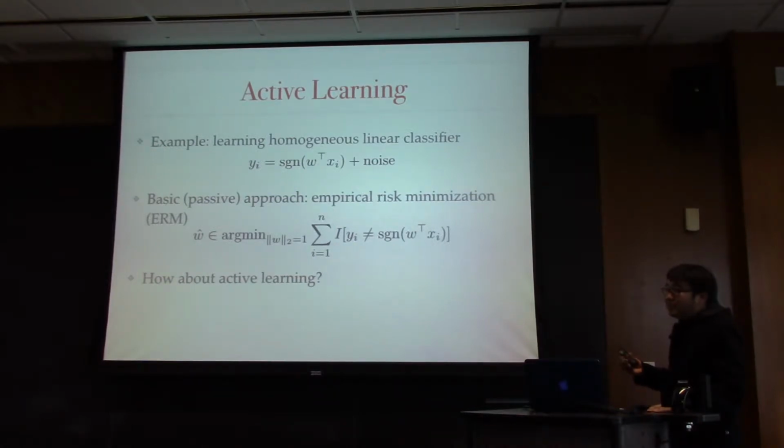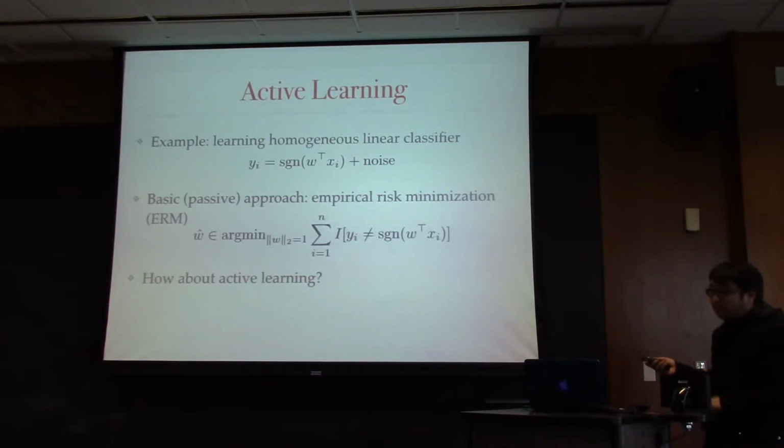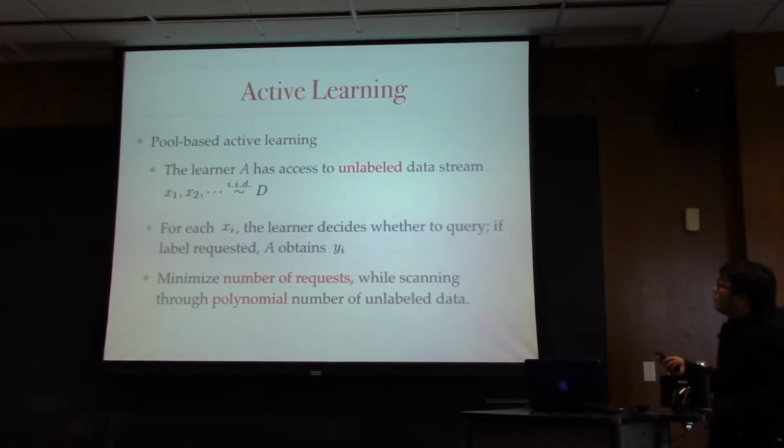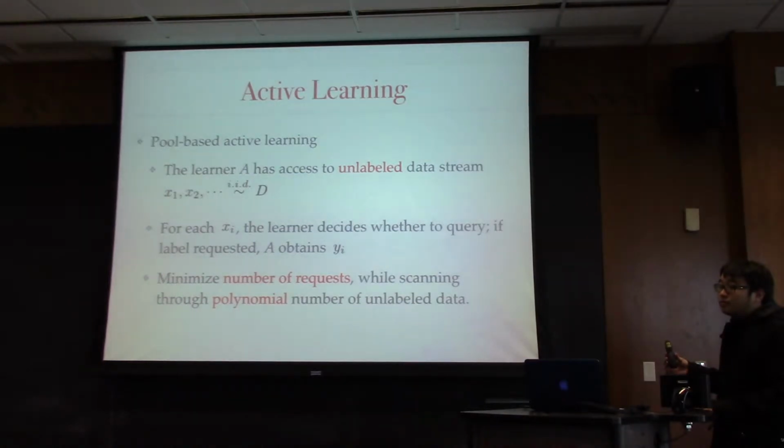I have a question for active learning. Is there a real difference between using a stream and choosing one by one, as you receive the x, deciding whether or not you need the label, and this other active learning model where you get a pool of unlabeled data and then there's no stream, you look at all of the unlabeled data and then decide which ones to ask for labels?